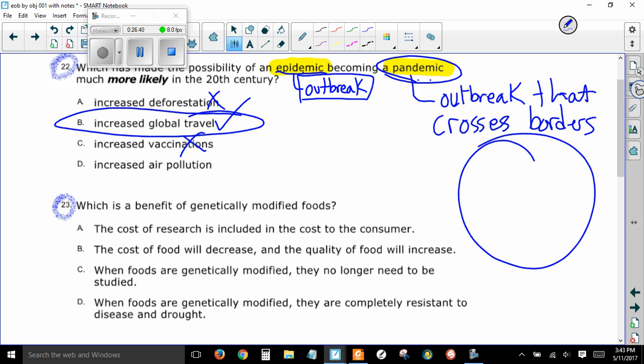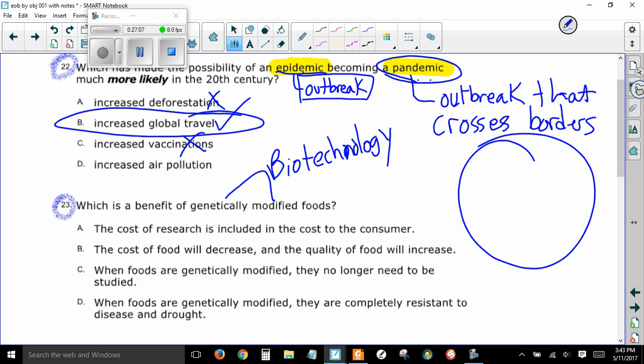All right, 23 here. Which is a benefit of genetically modified foods? Okay, so genetically modified, we're talking about biotechnology. The cost of research is included in the cost to the consumer. The cost of food will decrease and the quality of the food will increase.